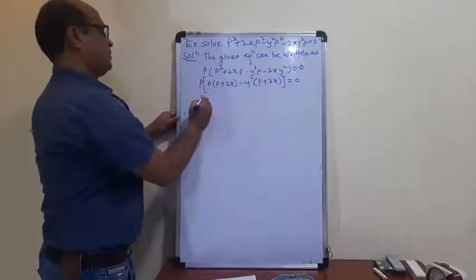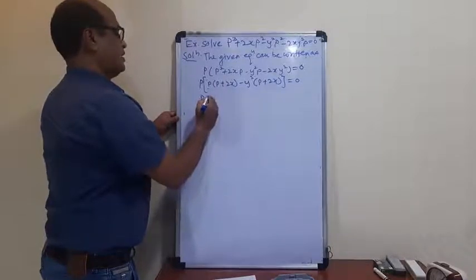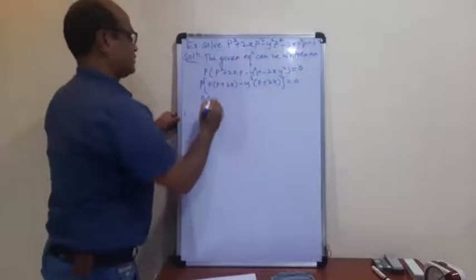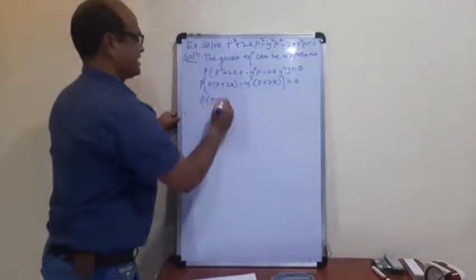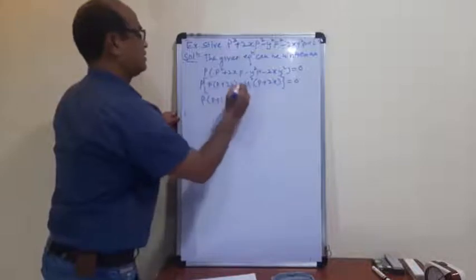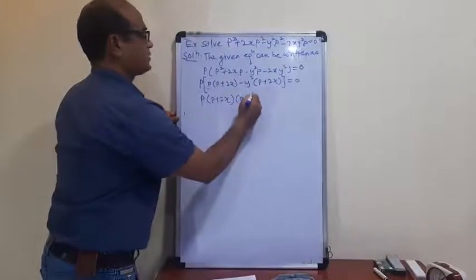So this can be written as p into common of p plus 2x from these two terms, so p plus 2x into another bracket p minus y square.